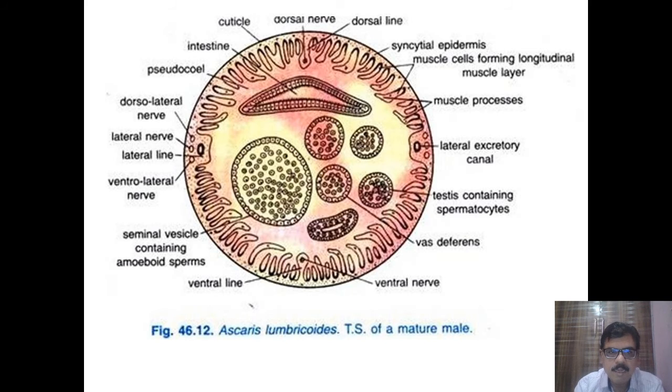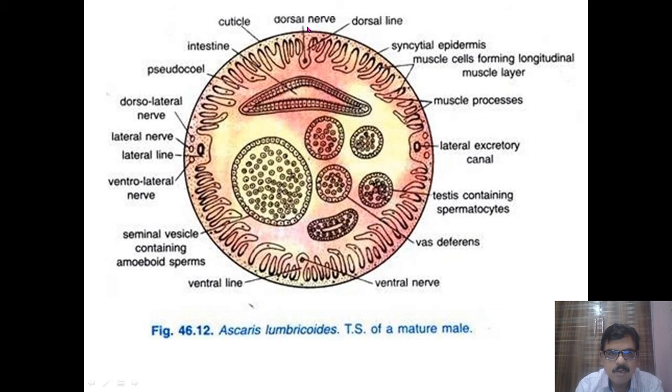If you observe the structure of the TS of male Ascaris, you can observe the body wall. It is covered with a cuticle, and it has the cavity called a pseudocoel. Inner to that is the intestine, and these are the circular muscles which are present throughout the body.